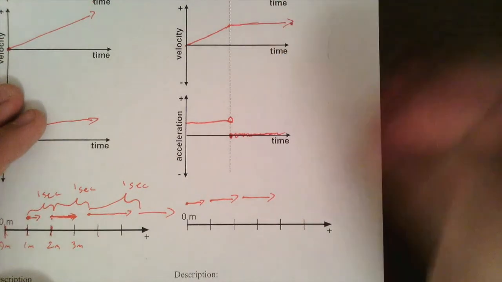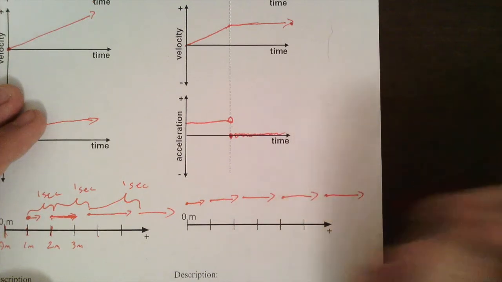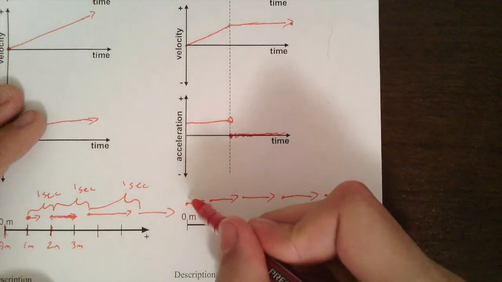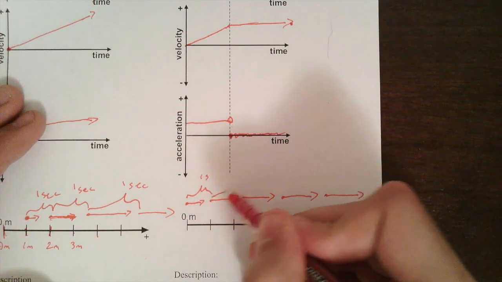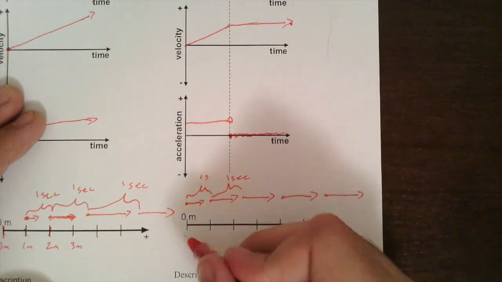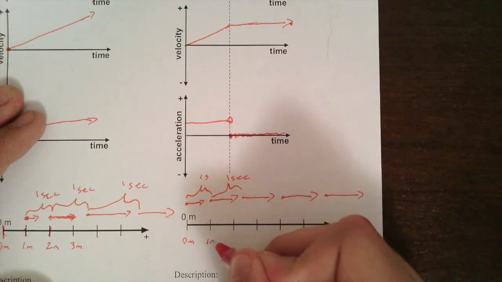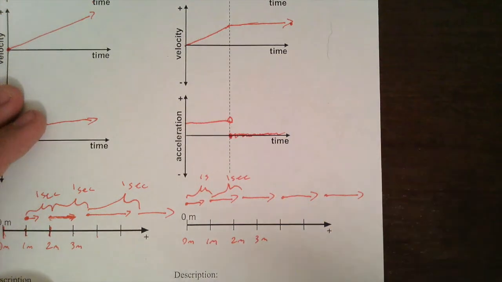My velocity is constant. Remember, this distance right here is 1 second, and then this is 0 meters, 1 meter, 2 meters, 3 meters. And that wraps up everything for our maps review.